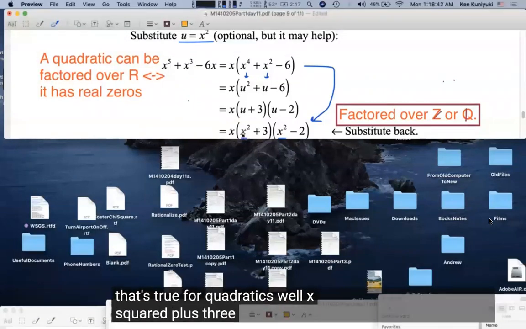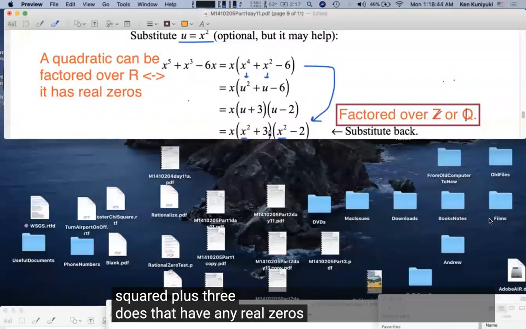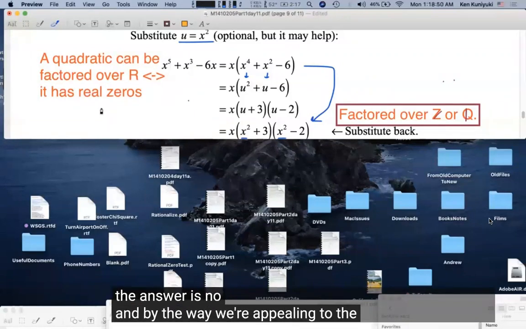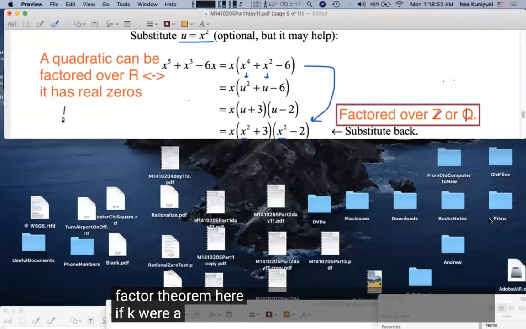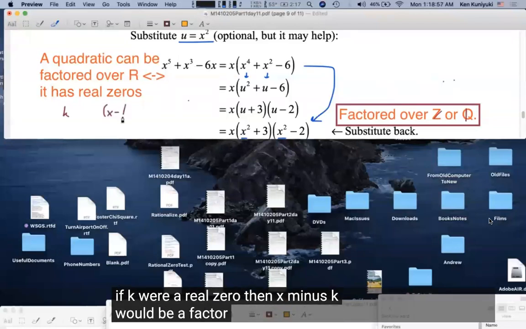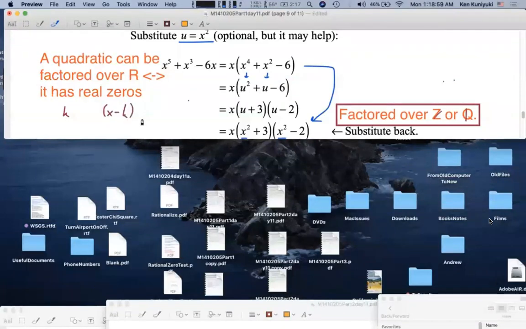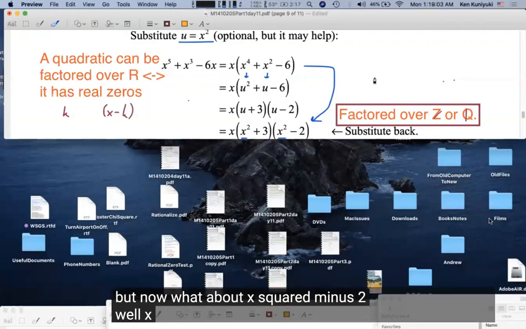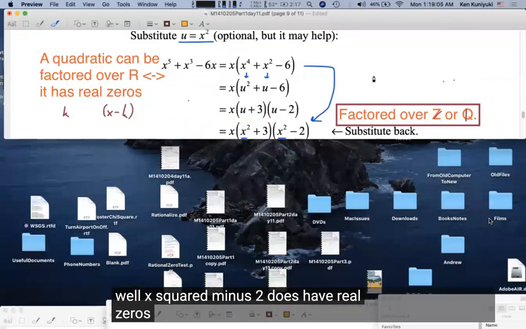Well, x squared plus 3, does that have any real zeros? The answer is no. And by the way, we're appealing to the factor theorem here. If k were a real zero, then x minus k would be a factor. But now what about x squared minus 2? Well, x squared minus 2 does have real zeros.